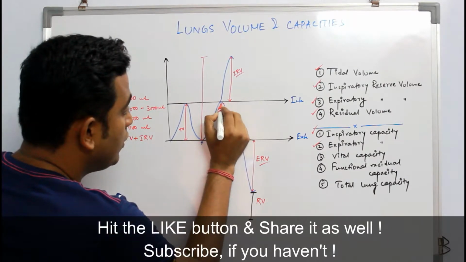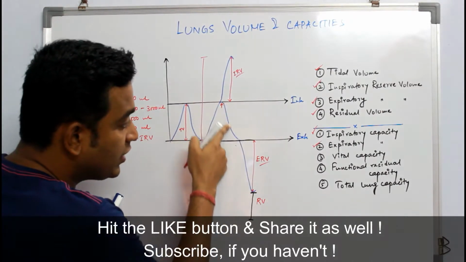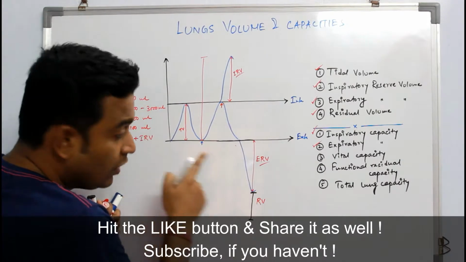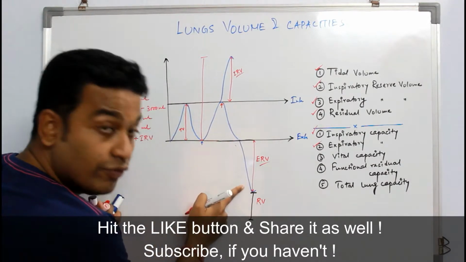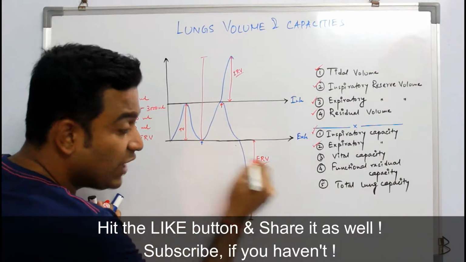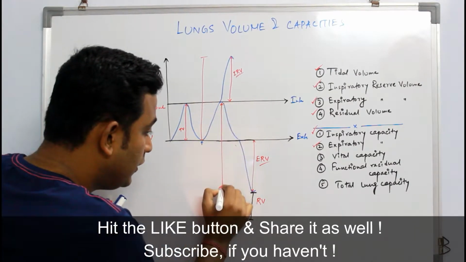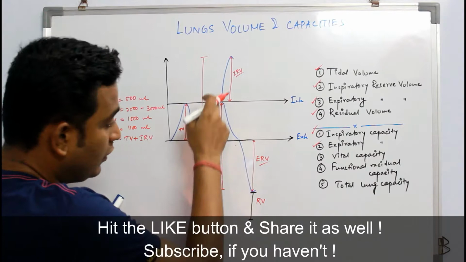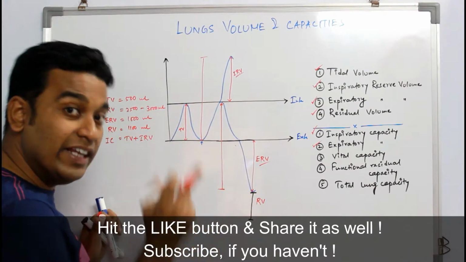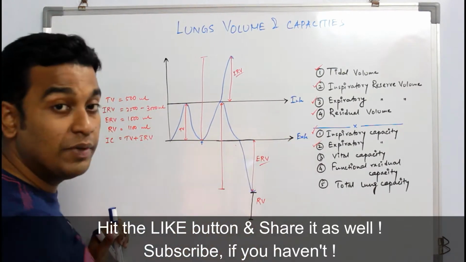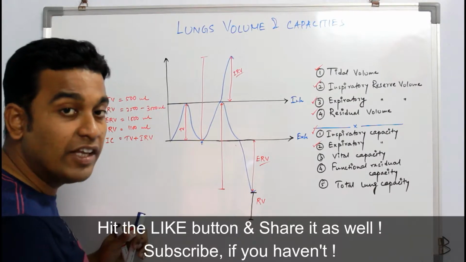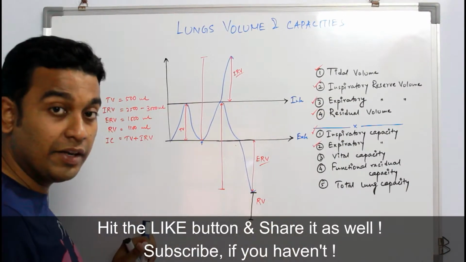So suppose now you are here. Now you will be covering the tidal volume, and after that you will be coming down further. That means you will also be covering the ERV. So right from here till here, whatever value you get is what you actually call expiratory capacity. I hope that makes sense. It's just the opposite of inspiratory capacity.